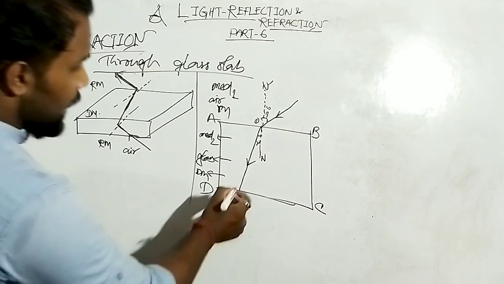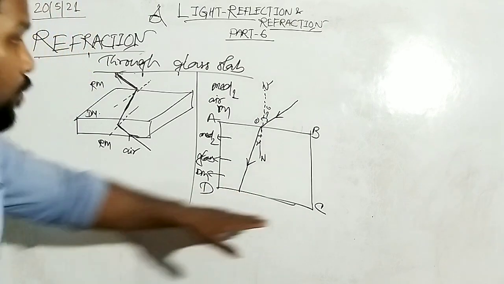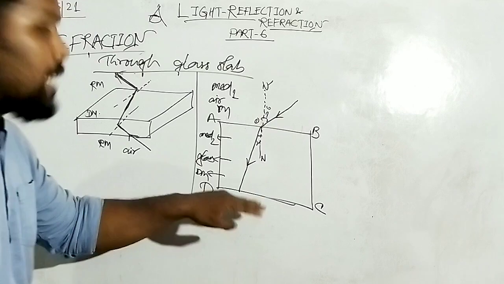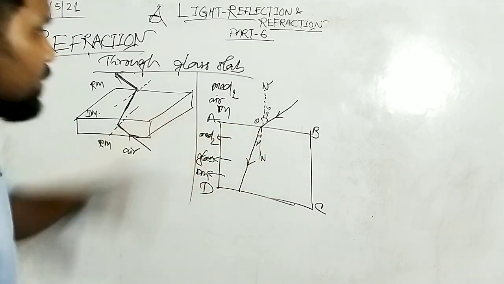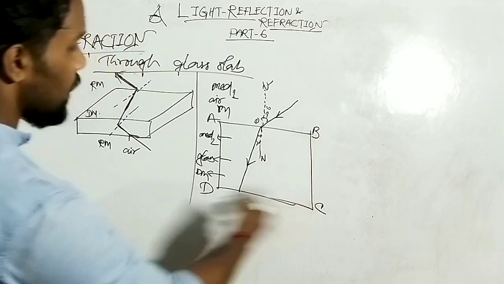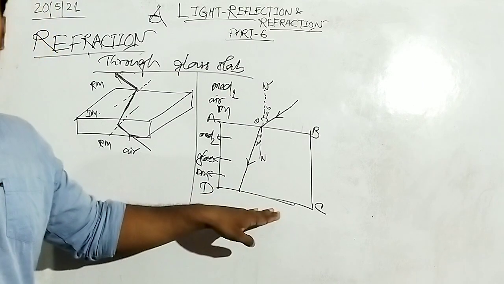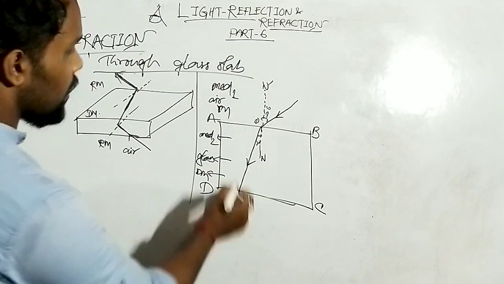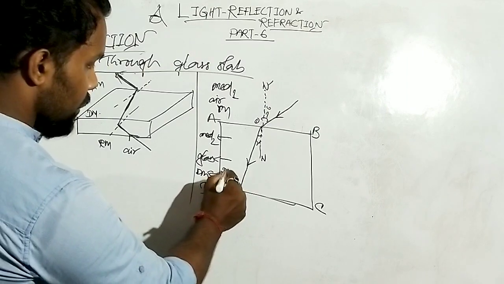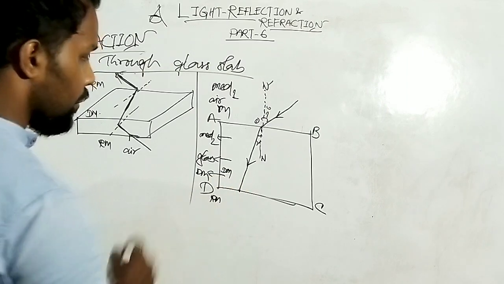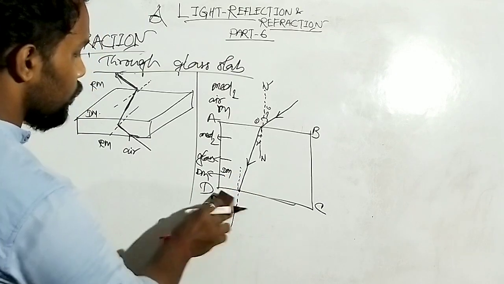Once the refracted ray is incident here, for the second surface that refracted ray is the incident ray. This AB is the first face, the main face, and the opposite face is CD. The refracted ray is going to be the incident ray for the second surface. Since this is the denser medium and that is the rarer medium, what is going to happen?